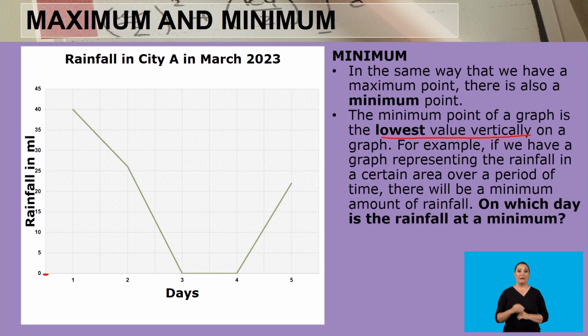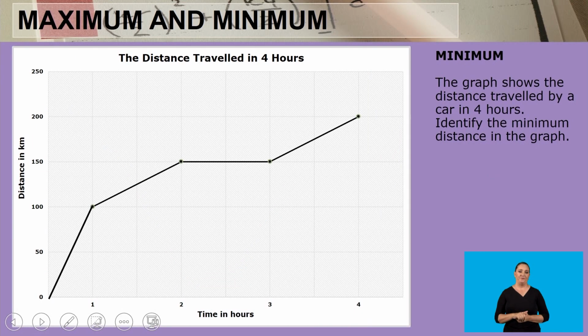Now, which day or days was this minimum rainfall? Well, if you are thinking of day 3 and day 4, then you are absolutely correct, because we can see that on day 3 and day 4, there was no rainfall at all, and that is the minimum rainfall. What about this graph where that car was traveling a distance?